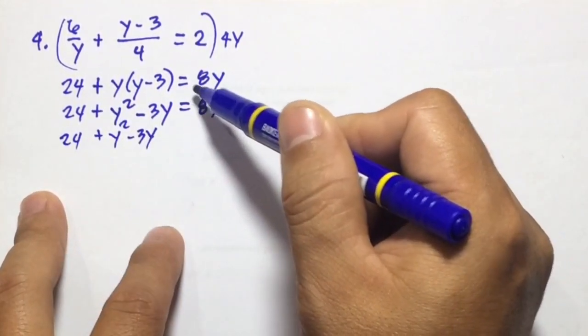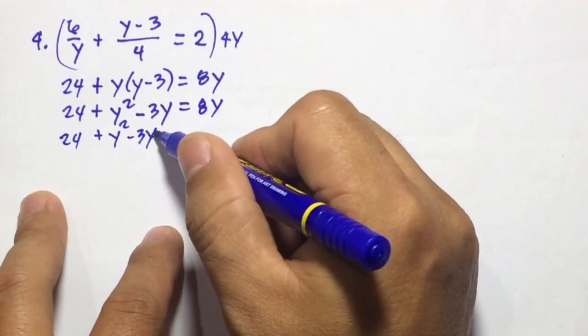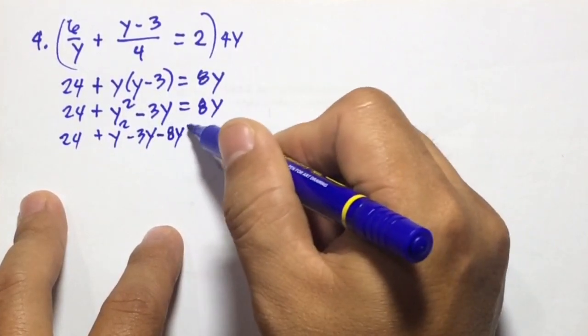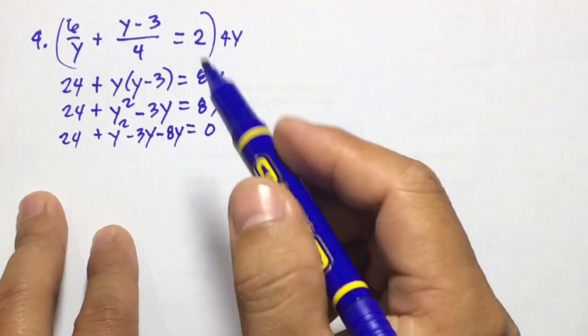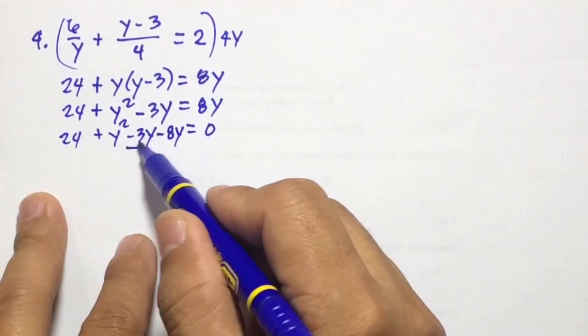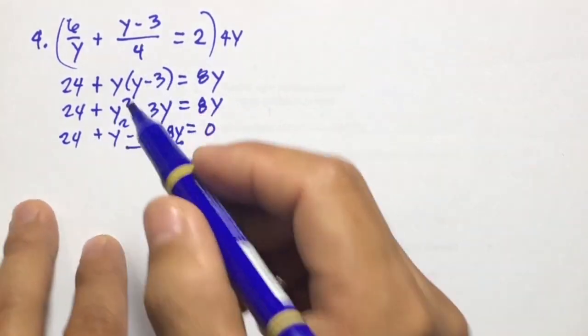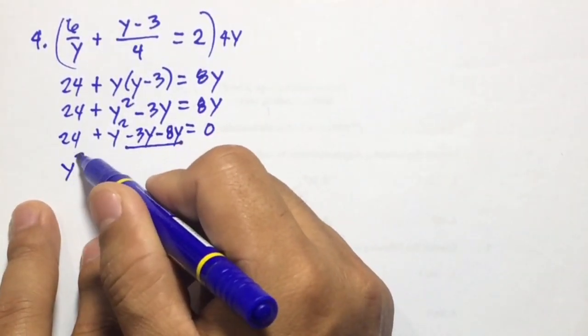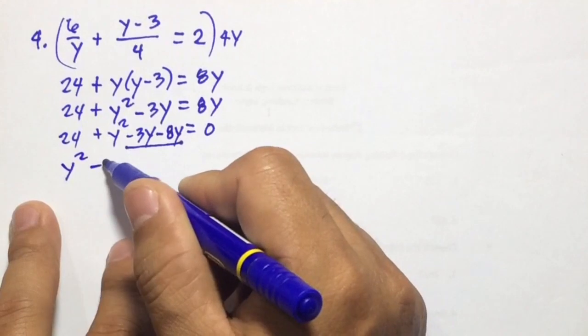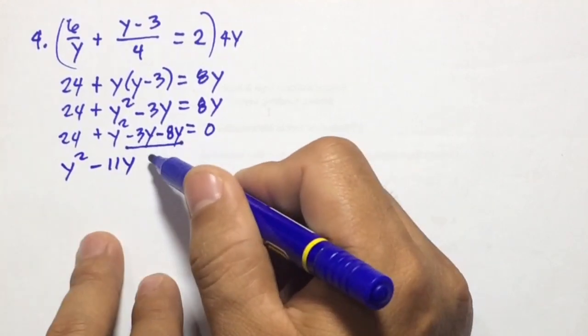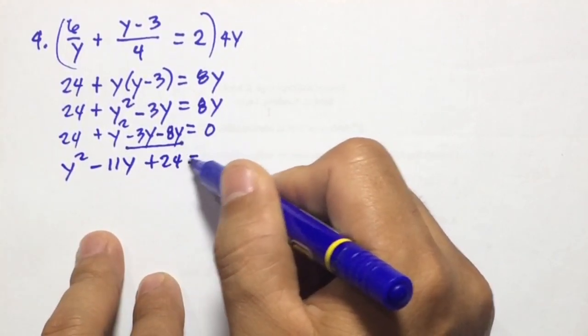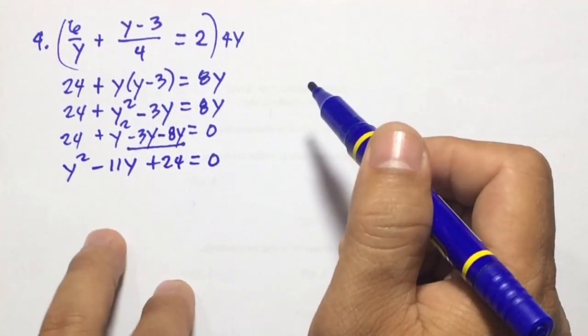Then transposing 8y to the left side, we're going to have here negative 8y equals 0. Then combining the two here, this is negative 11y, and arranging the terms, we're going to have y squared minus 11y plus 24 equals 0.